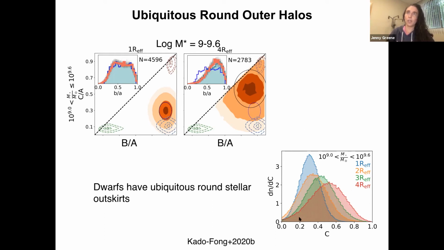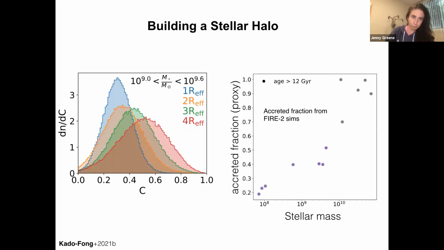And so you can just see that the C over A distribution gets rounder as you go out towards 4 RE. And she's just completed a study using FIRE-2 simulations and dwarf galaxies in halo masses of around 10 to the 11 to try and ask where do these stars come from, because we do not expect that enough stars are brought in to dwarf galaxies via merging to build stellar halos in dwarfs the way that we build them in Milky Way mass halos.